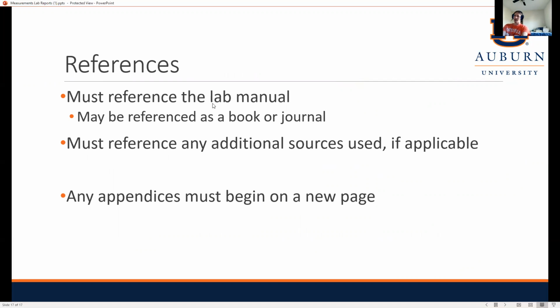The only thing you have to reference is the lab manual, although if you use anything extra, make sure you reference it correctly. If you use any outside pictures or anything like that, make sure you reference them, and then like if it's reference number 2, make sure you put a 2 in brackets or as a superscript or something saying this is the reference where this picture came from.